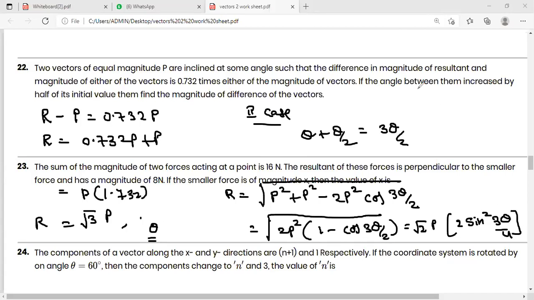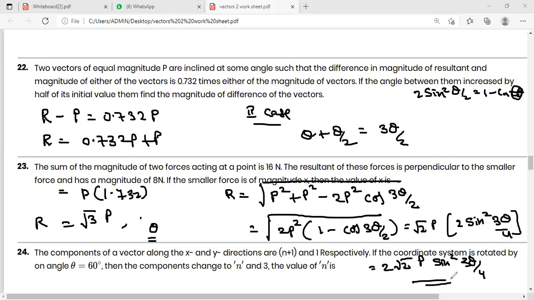And we know that 2 sin square theta by 2 is nothing but 1 minus cos theta. 1 minus cos theta is 2 sin square theta by 2. Based on that, we have it. So this will be 2 root 2 P sin square 3 theta by 4 only. So this is the answer for the given question.